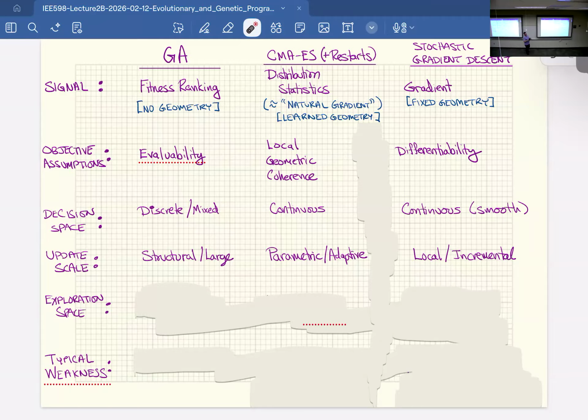Question? How do you know you can move between CMA-ES and stochastic gradient descent, or prove that this thing is differentiable or continuous? Well, it's differentiable if you've defined the loss function, you've written out the loss function.